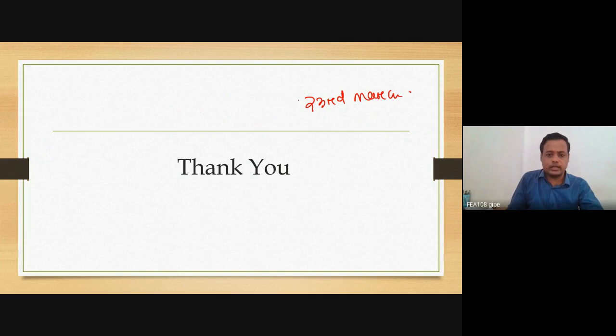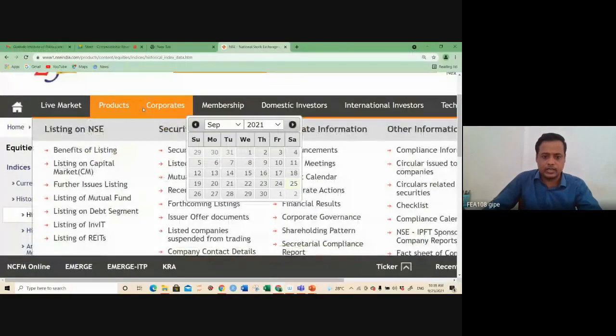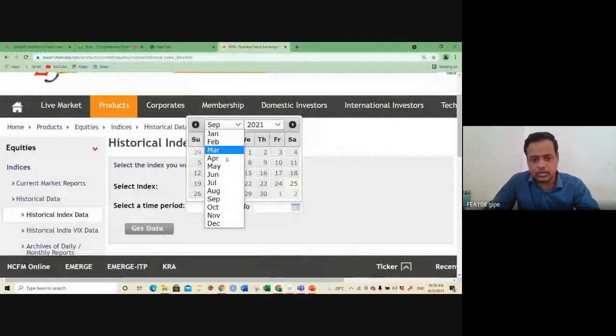So you can get at least 1 year before or 1 year plus data. So for 23rd March 2020, you can get data from 1st Jan 2019. For this estimation window, we will then calculate how many days we can take. So first download data from Jan 2019.